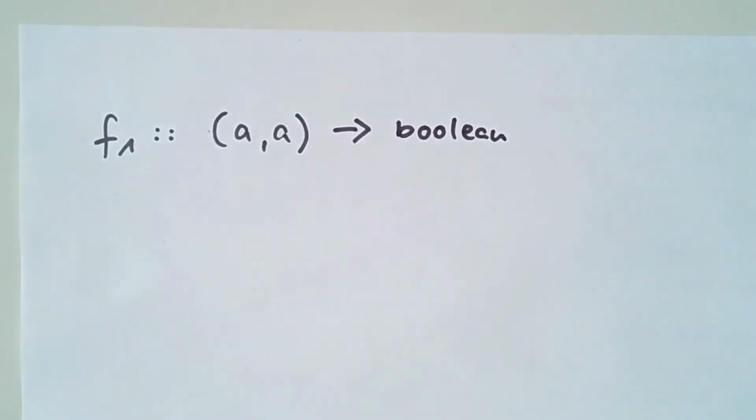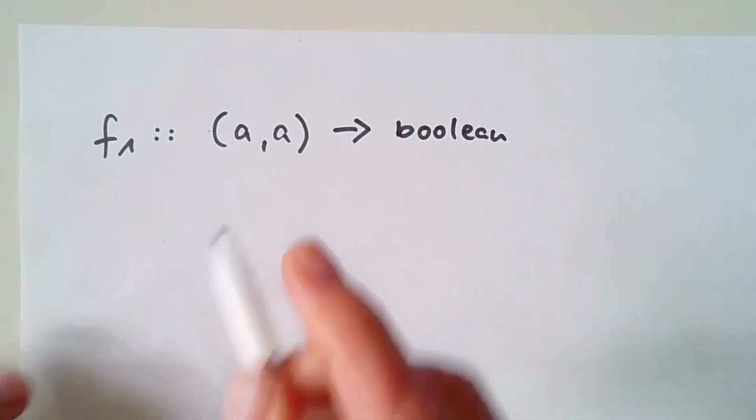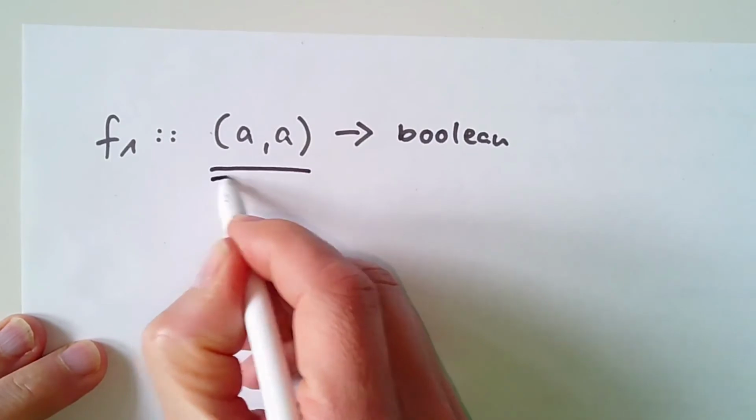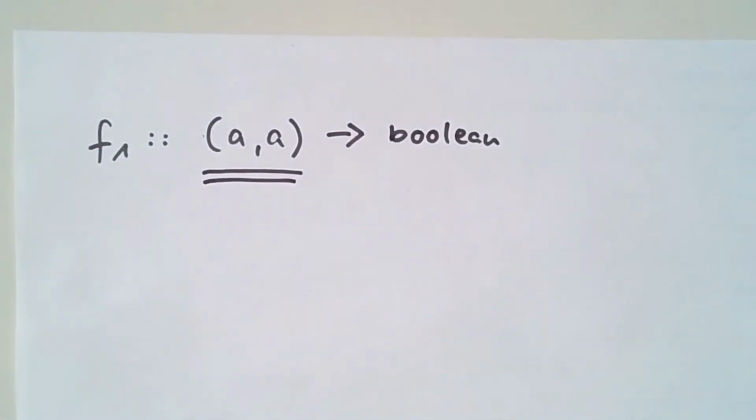Okay, right. And as you see, the two occurrences of anyelement indeed denote the same type.